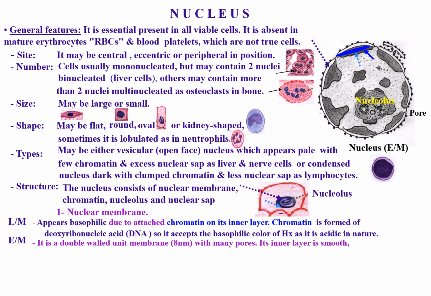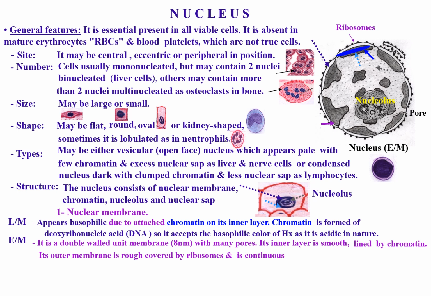Its inner layer is smooth, lined by chromatin, while its outer layer is rough, covered by ribosomes, and is continuous with the endoplasmic reticulum. Functions of the nuclear membrane. It maintains the shape of the nucleus.